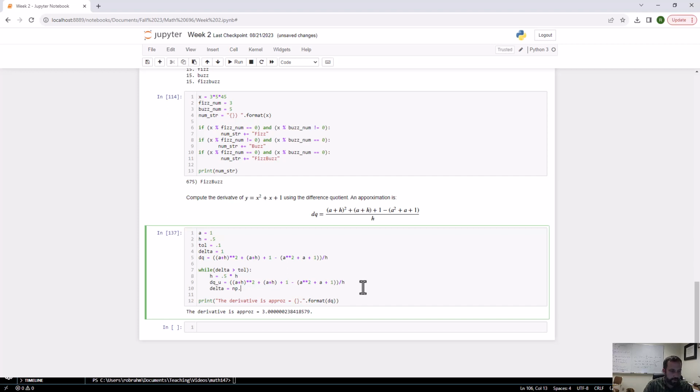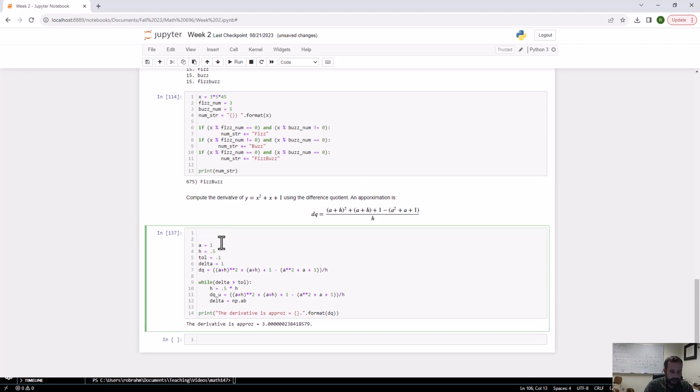So remember, if you're running this, let me just do good coding practices. Import numpy as np. There's other ways to get absolute value, but I'm going to use numpy. Absolute value of dqu minus dq. So this is the difference between my successive approximations. Okay, delta is equal to np absolute value of dqu minus dq.